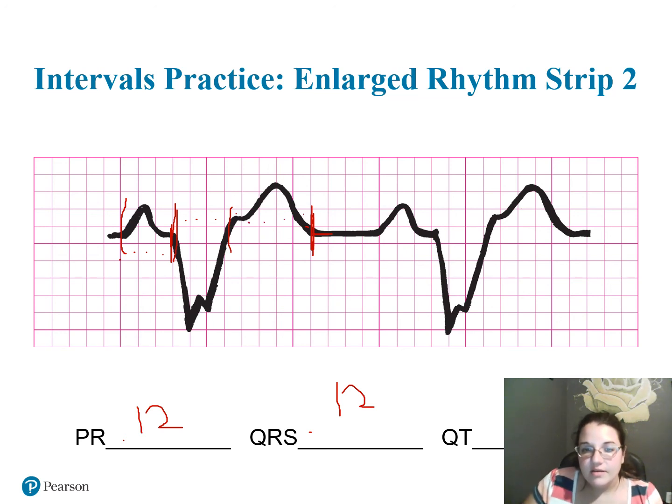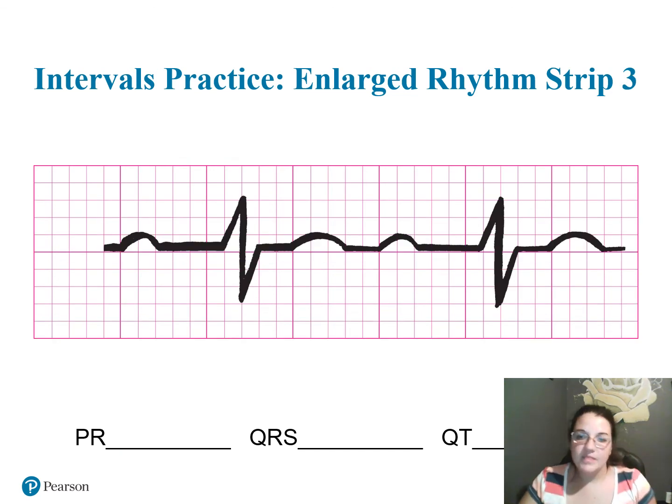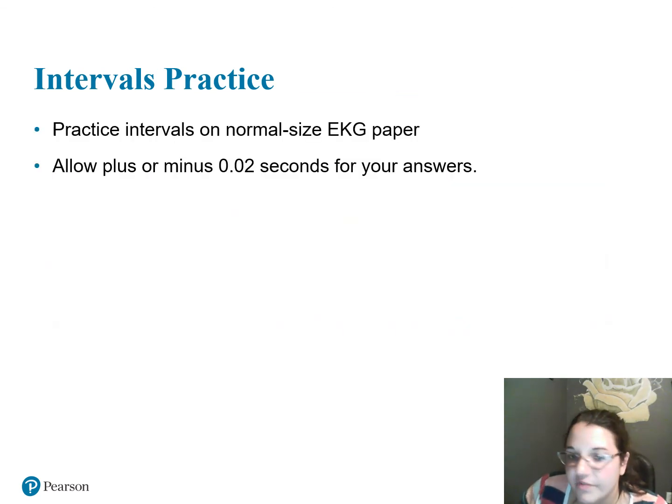And then I'm going to see what is my R to R, which is 1, 2, 3, 4, 5, 6, 7, 8, 9, 10, 11, 12, 13, 14, 15. Okay? And then you're going to do it for the next ones.